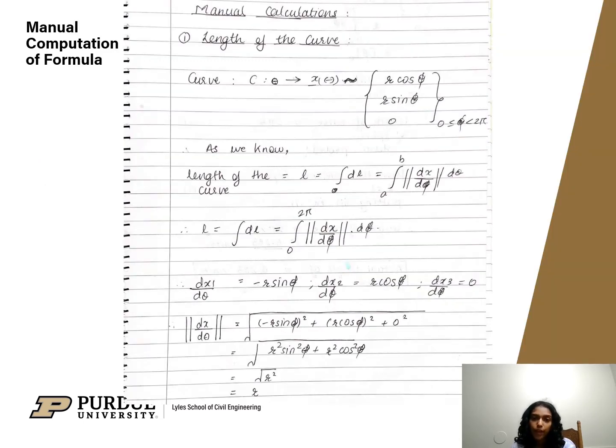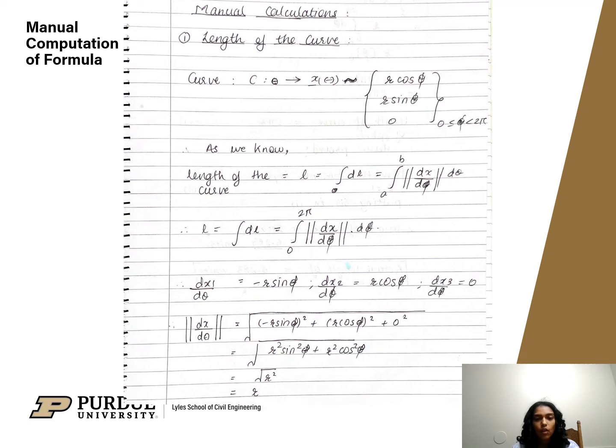These are the manual calculations that I prepared to check whether my answer is right. So we know that for the length of the curve L, we need to integrate dl with respect to the certain limits, where we take the magnitude of dx by d phi times d phi.